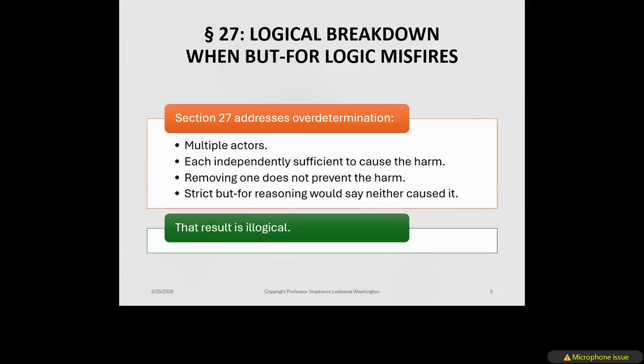When would the but for test yield an illogical outcome? When we have multiple negligent actors, and each of the negligent actors acting independently would sufficiently, in and of itself, be enough to cause the plaintiff's harm.